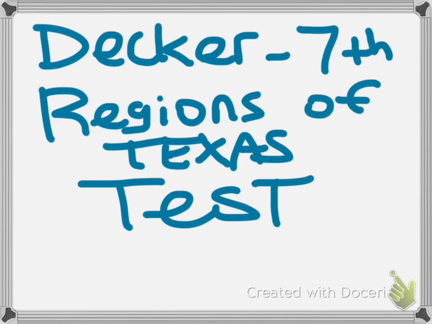So find your word in the word bank that is going to match. Number 14, a period of lower than normal precipitation. Large-scale farming, including production, processing, and distribution.